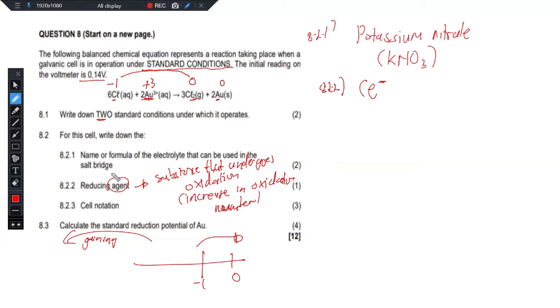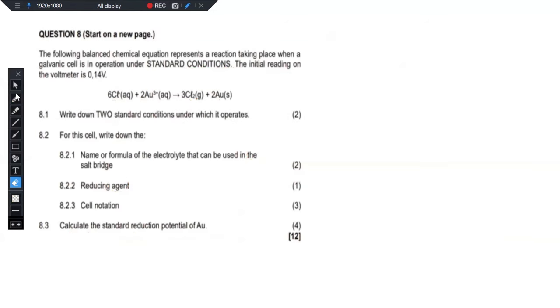Okay, then our cell notation. Now, in order for us to come up with the cell notation, let's understand this galvanic cell that has been given to us. Most of the time I hinted to this galvanic cell here and I said this is a special galvanic cell, because we are used to the standard one whereby we don't have any gases coming in there.